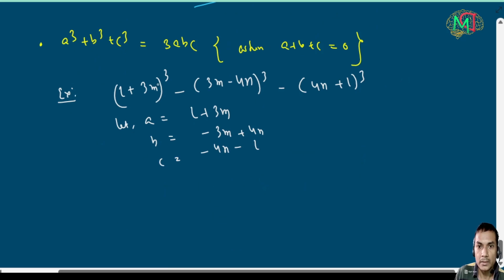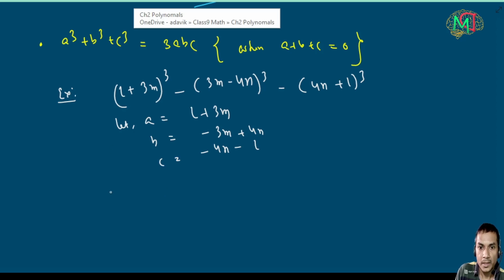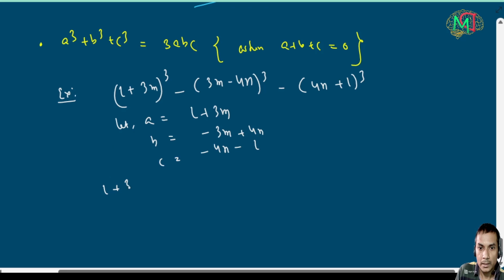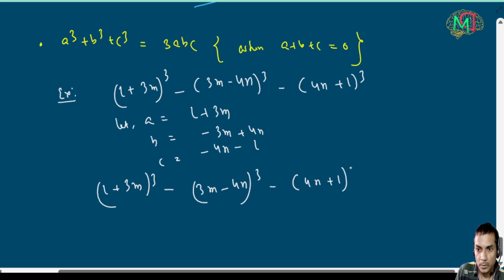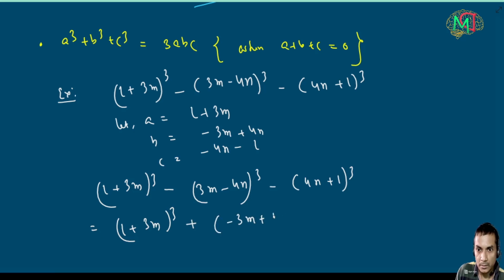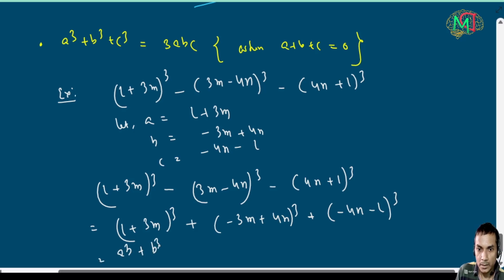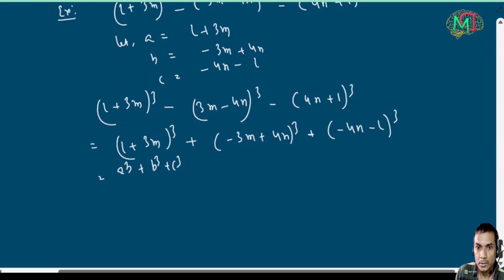So we can arrange the given polynomial as L plus 3m whole cube plus minus 3m plus 4n whole cube plus minus 4n minus L whole cube, as a cube plus b cube plus c cube. Okay, we can write it as assumed.